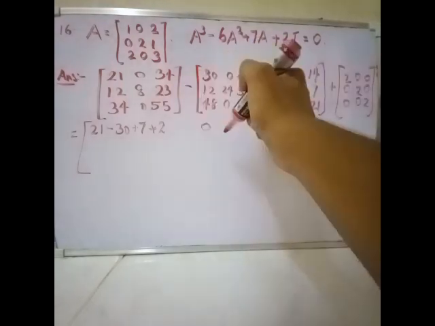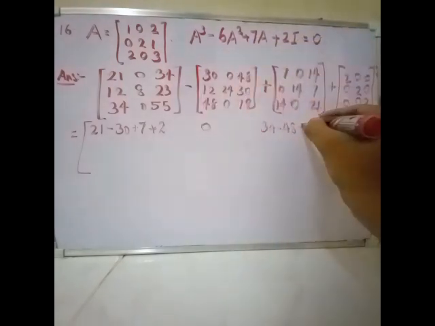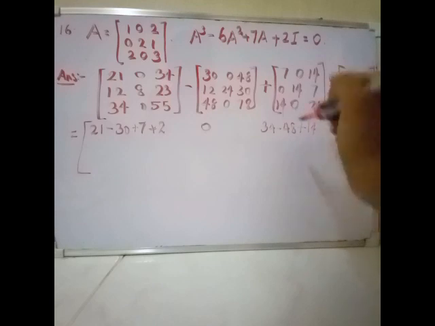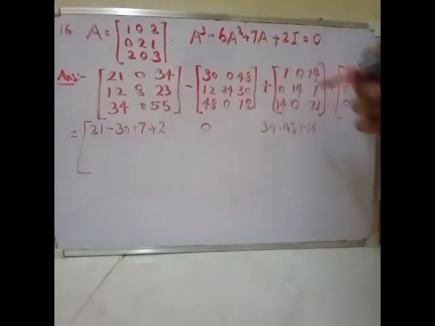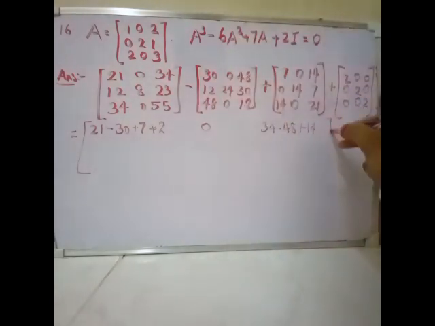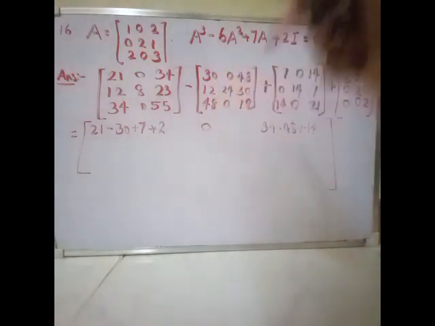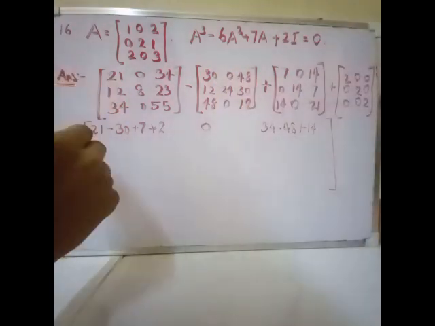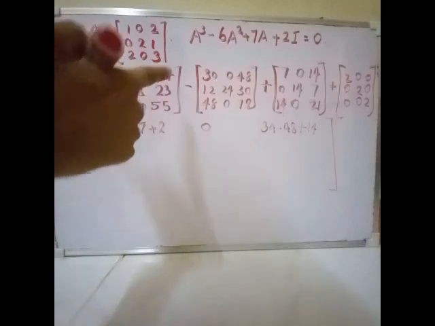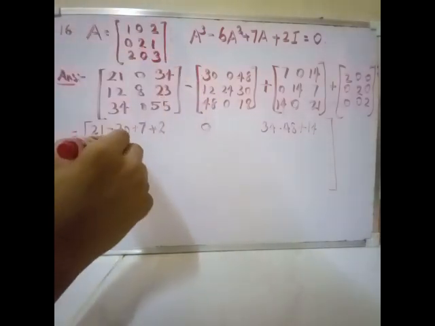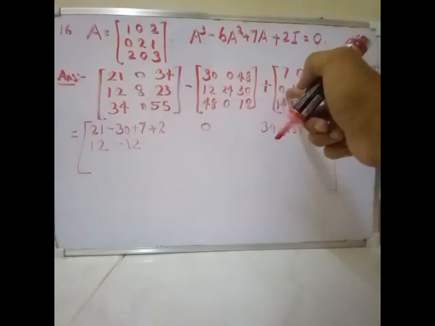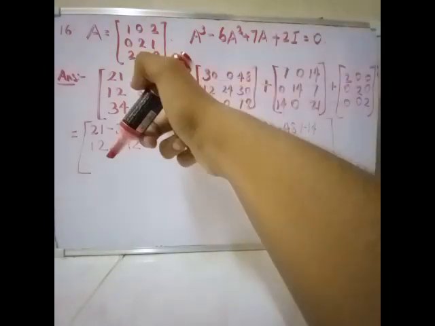This one minus 48 plus 14 and 0, right? 0 is there. Now second row, 12 minus 12 and 0 and 0, so nothing else.